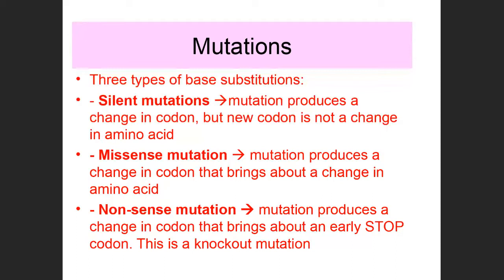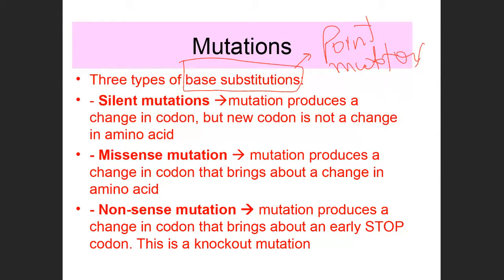Okay, so there are 3 types of base substitutions, which are again point mutations. And notice that here we're talking about spontaneous mutations. These are the kinds of mistakes that DNA polymerase can make. It can substitute one base for another, but that substitution changes nothing.